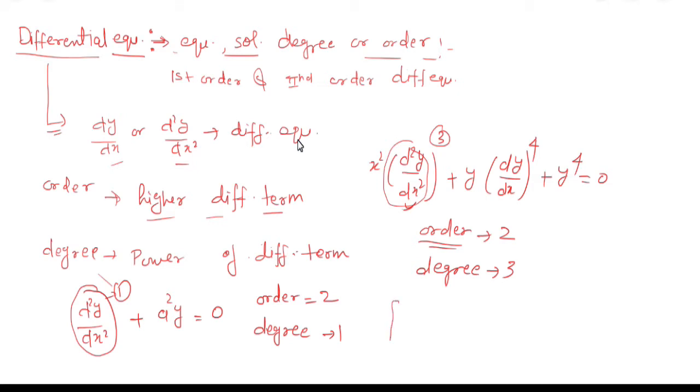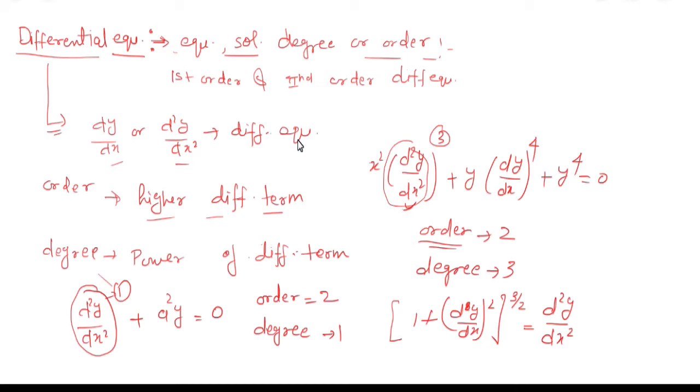Consider an example like 1 plus (dy by dx) whole square, whole power 3 by 2, equal to d2y by dx square.